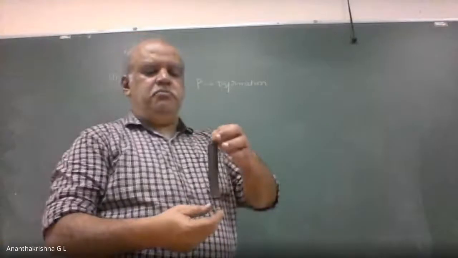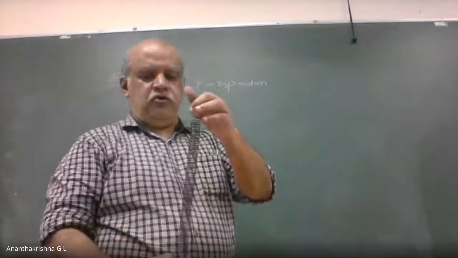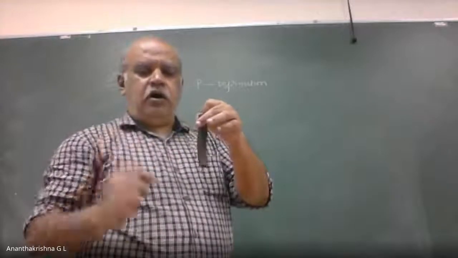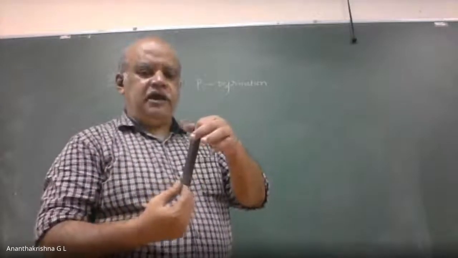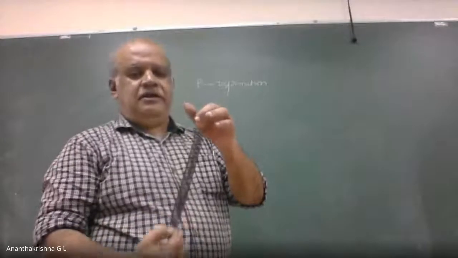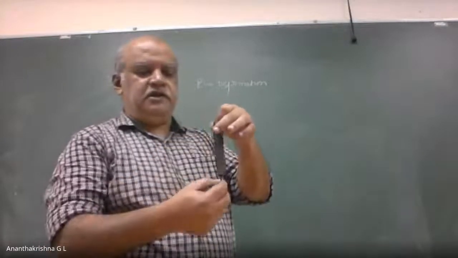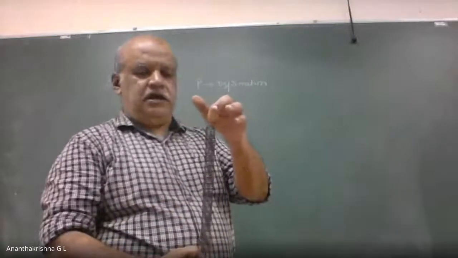So the body will deform upon application of load, but the material of this member would offer a resistance against this deformation. In this case the deformation is elongation, correct?